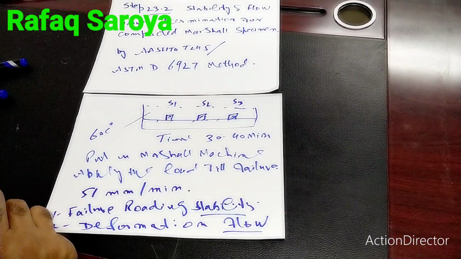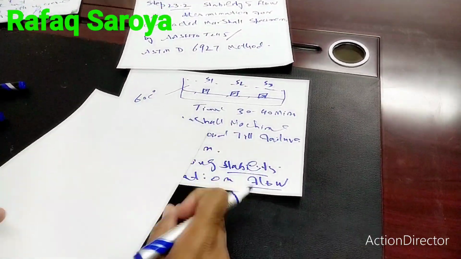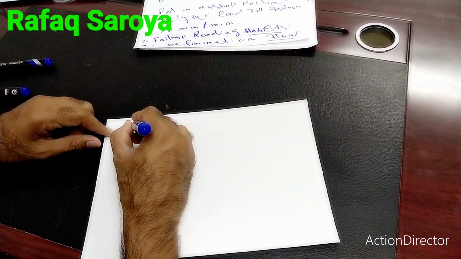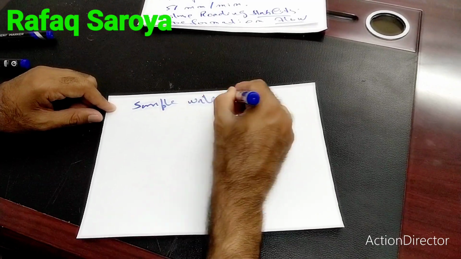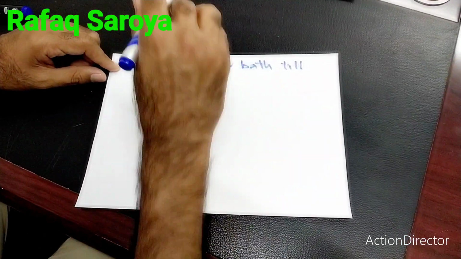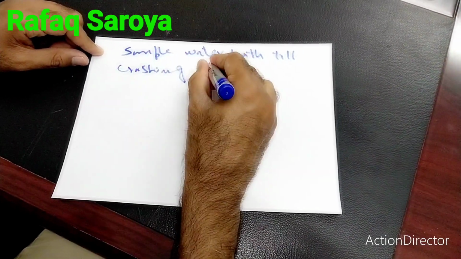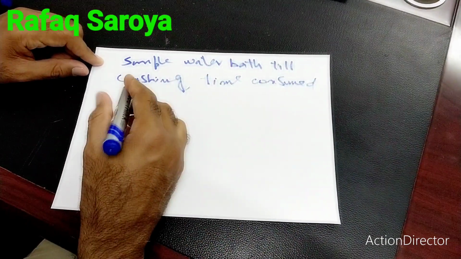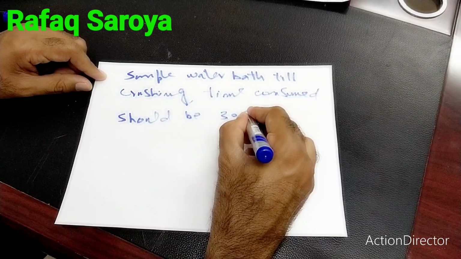And a very important point to note, mark my word: the time consumed from taking the sample out of this water bath till this crushing should be 30 seconds maximum.